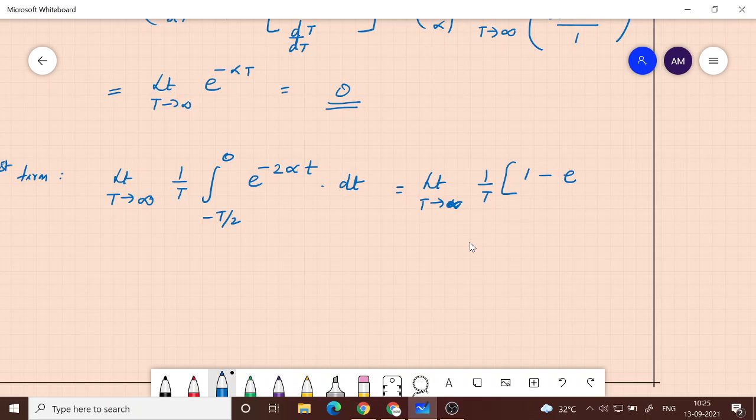When I put it, it is going to be minus plus, so 2 alpha t by 2, then divided by minus 2 alpha.